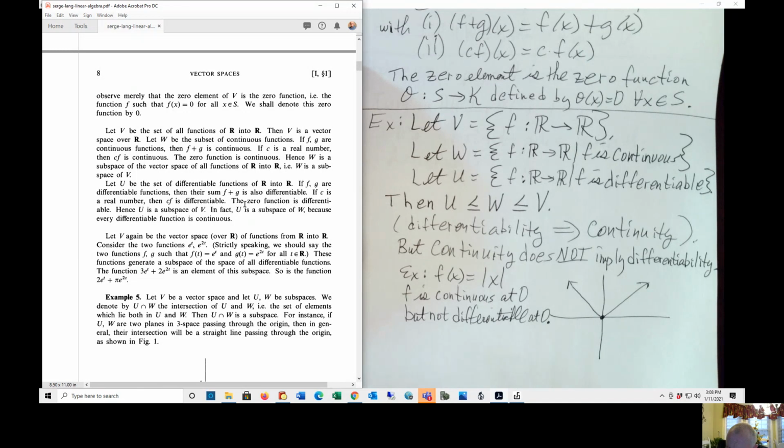The sharp turning point at (0, 0), where it changes directions, the V point. So at 0 it is continuous, but not differentiable at 0. And so you probably were not accustomed to thinking of functions as being vector spaces, but they are vector spaces.